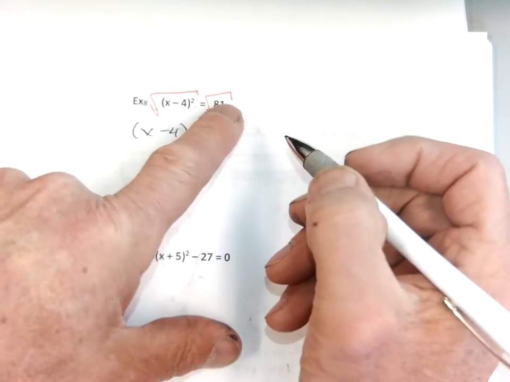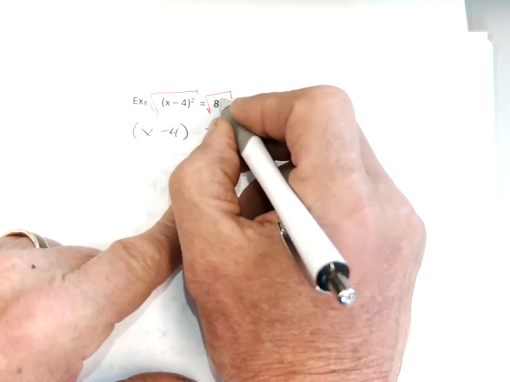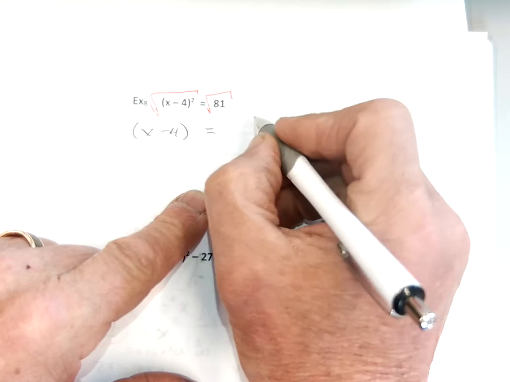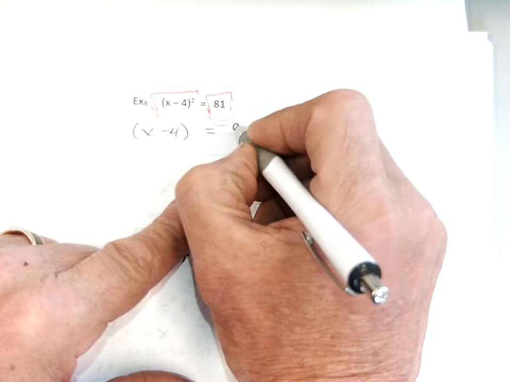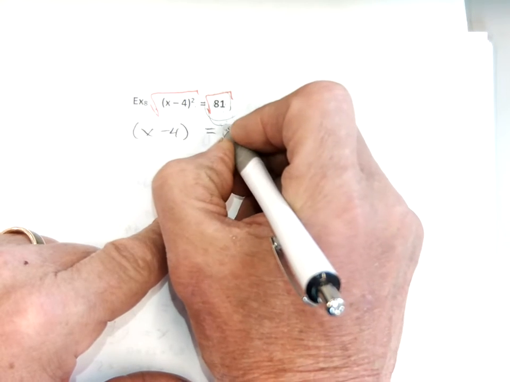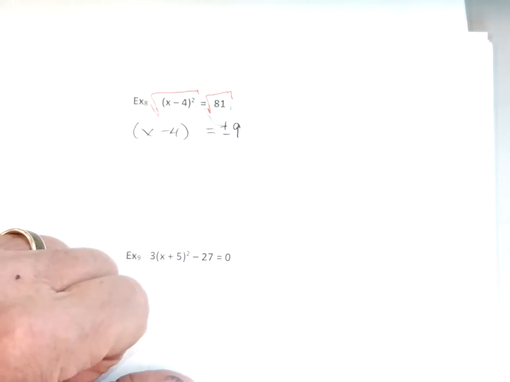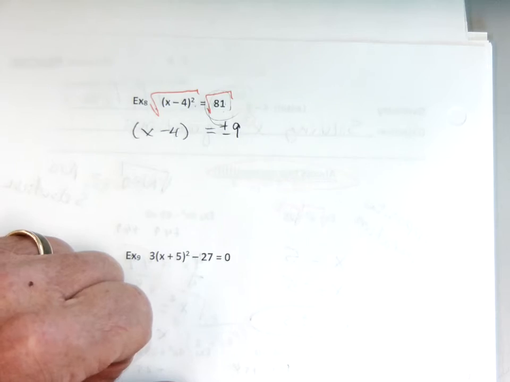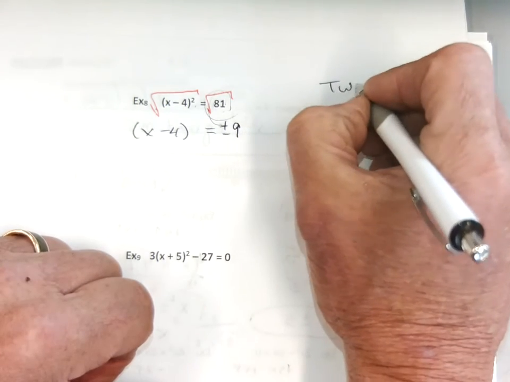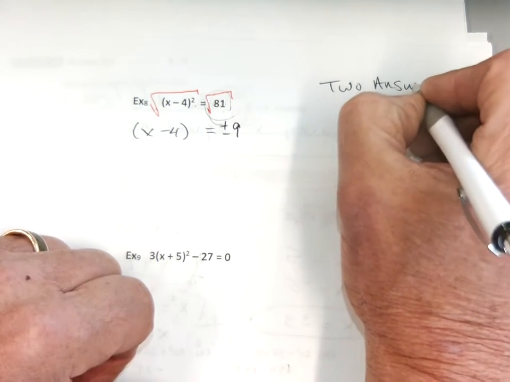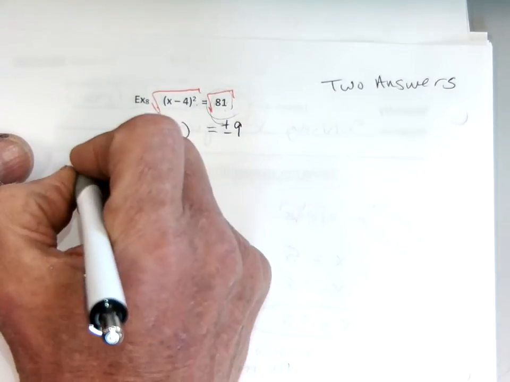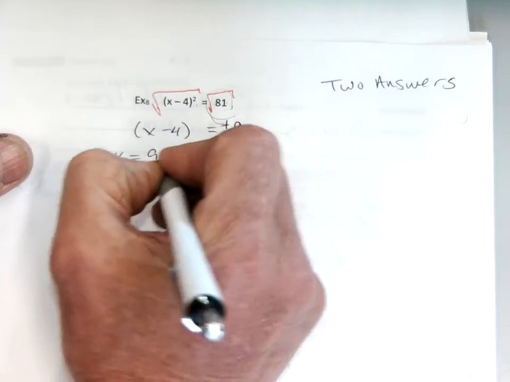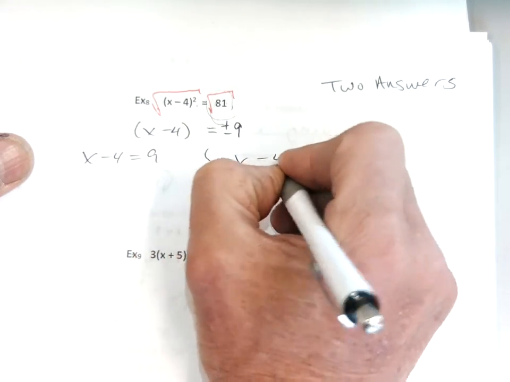Equals what's the square root of 81? 9 and negative 9. So I need two answers, don't I? I said always two answers. So here's how this works. Actually not that difficult. It's just like our mini equations. x minus 4 equals 9 and x minus 4 equals negative 9.